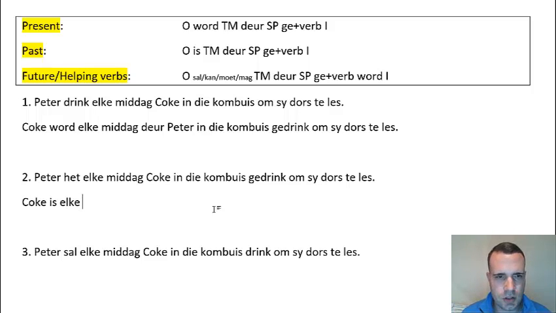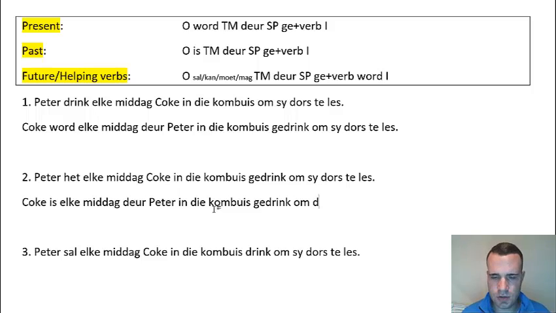Elke middag deur Peter in die kombuis gedrink om sy dors te les. Okay, so if they give you the sentence in past tense, you must use the past tense formula.